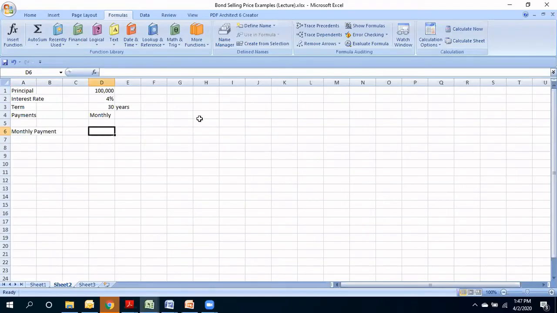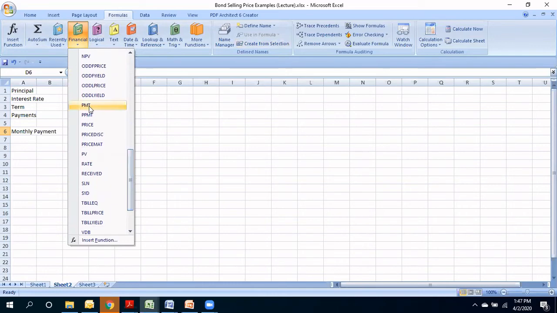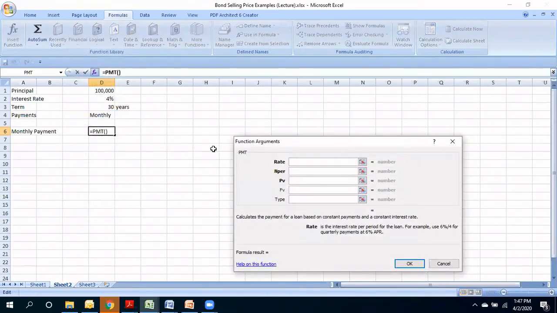We're now going to calculate the monthly payment for this fairly simple, straightforward example. Once again, we're going to go back to our formulas. We're going to go to financial formulas, and we see a financial formula called payment. What is our rate? The interest rate is 4%. But remember that 4% is an annual rate. We are making monthly payments.